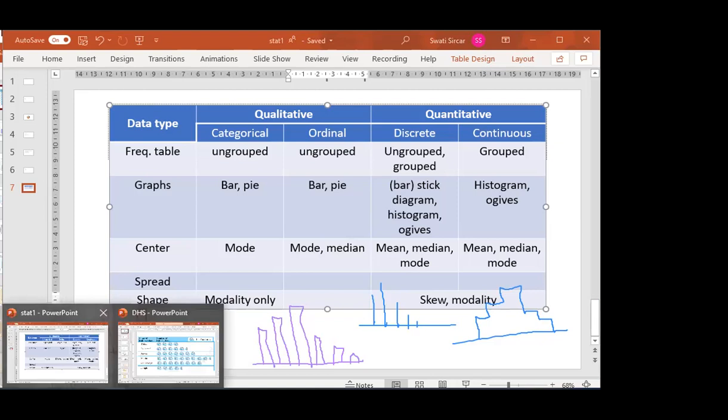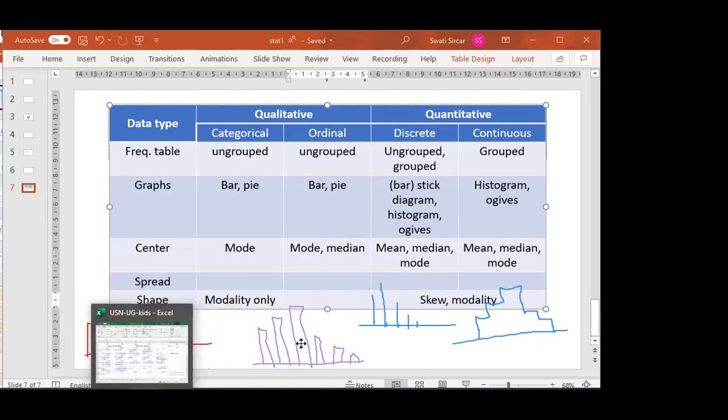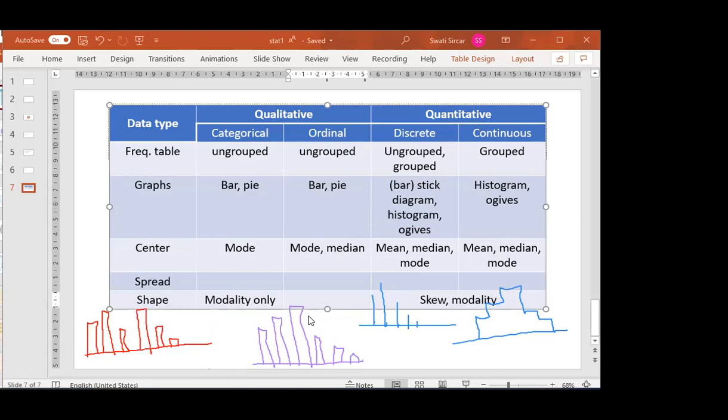It can be skewed. This one does look skewed, right, with maybe a longer tail this side? It is definitely lopsided, this is more and this is kind of less. So in this case, I think you can talk about both skew and modality.